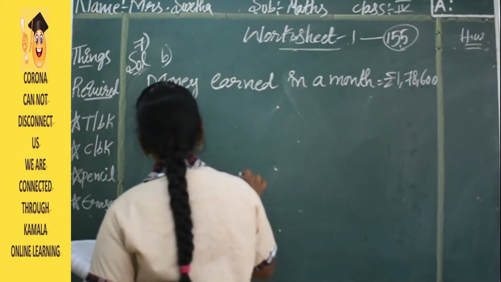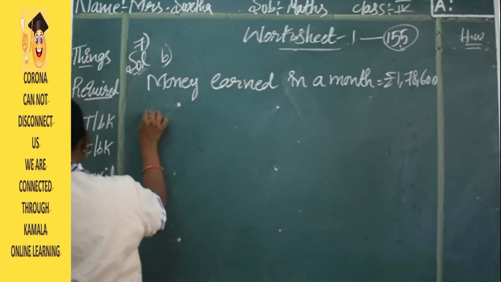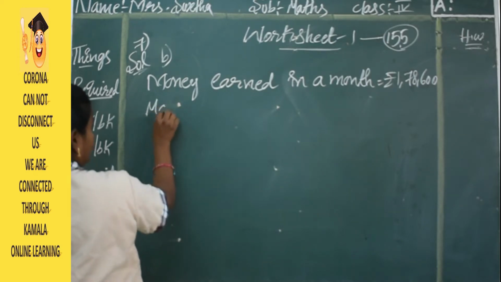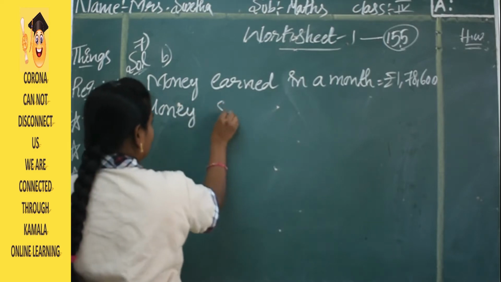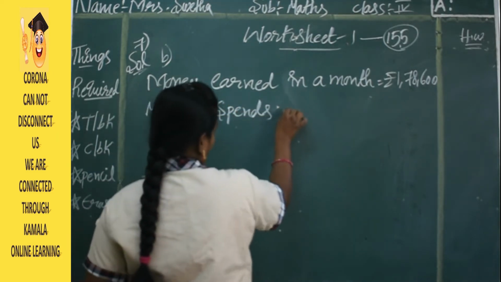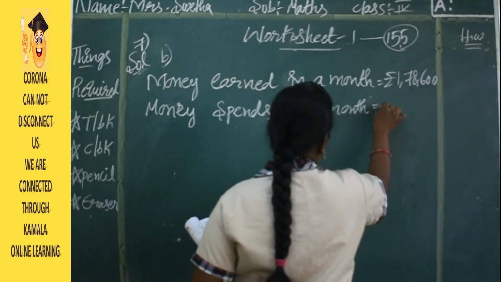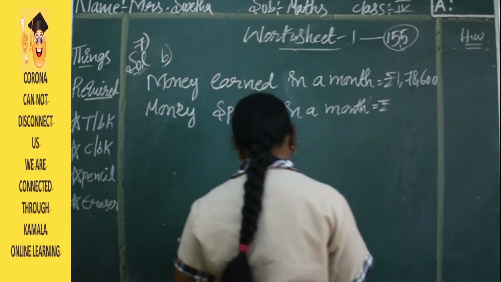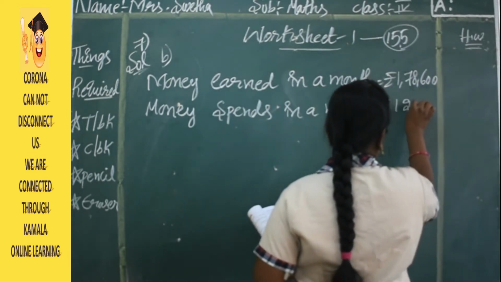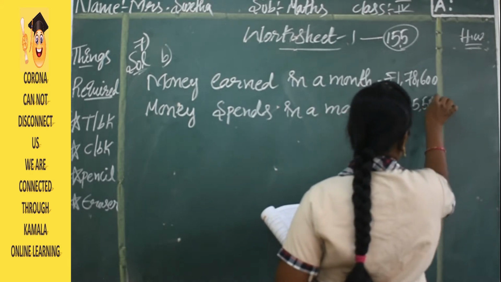Again, money spent in a month. So in that month how much money has he spent? 1,25,550.